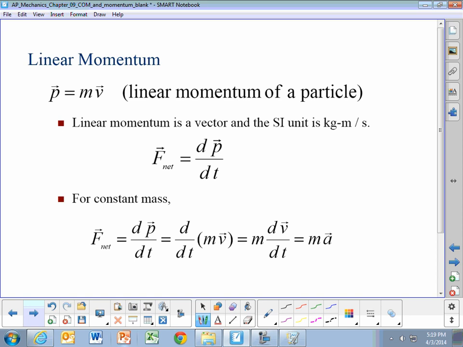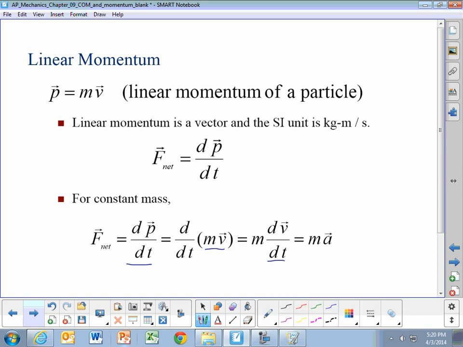If you have a constant mass, the derivative of the momentum with respect to time means the derivative of mv with respect to time. But again, if the mass is constant, then that's just the mass times the derivative of the velocity with respect to time, which is the mass times the acceleration.